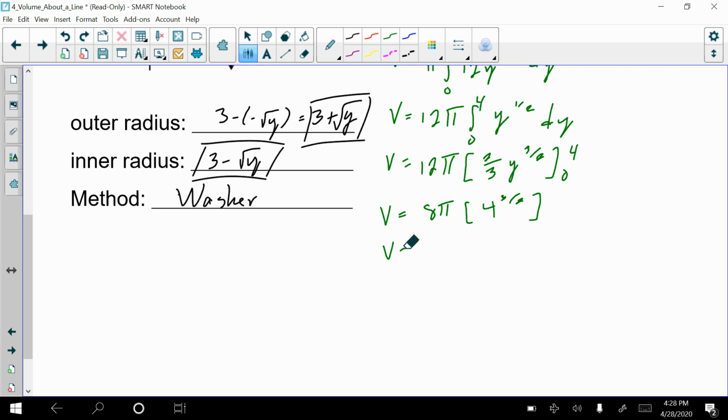So 4 to the 3/2 power is going to be 8. So I'm going to get 8 pi times 8, giving me my volume to be 64 pi cubic units, whatever they happen to be.